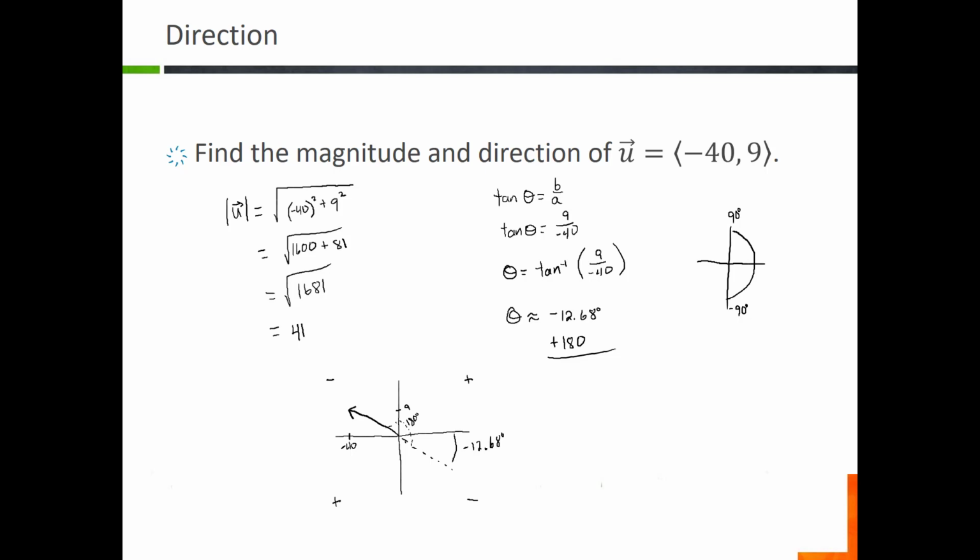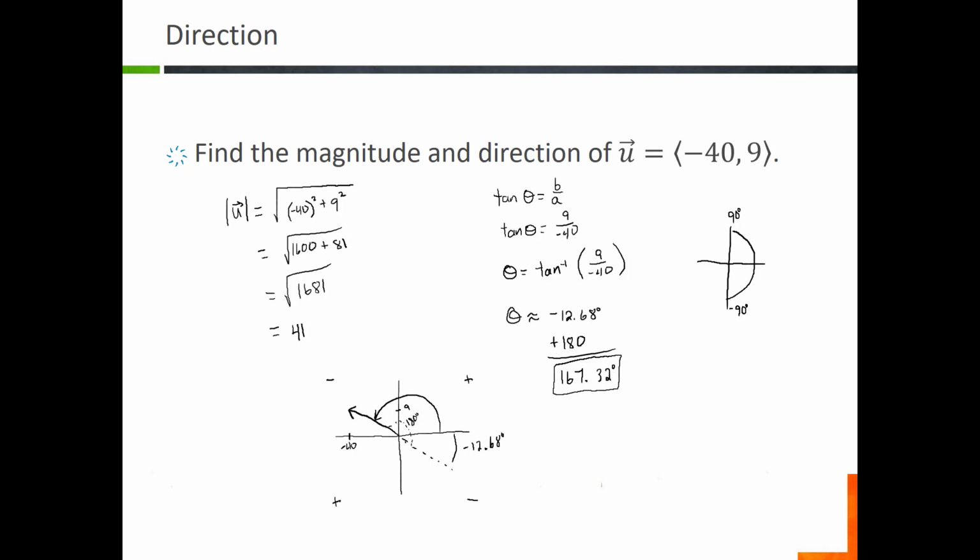In this case, when we add that together, we get 167.32 degrees, again rounded to 2 decimals. So 167.32 degrees is our standard position angle. That's the angle rotating from the positive x-axis all the way around to where our vector is located.